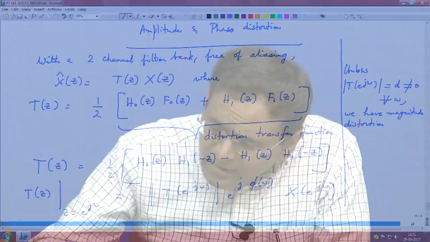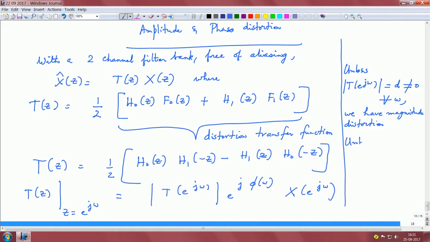Now, unless phi of omega is of the form a plus b omega, X hat of e^(j omega) suffers from phase distortion.